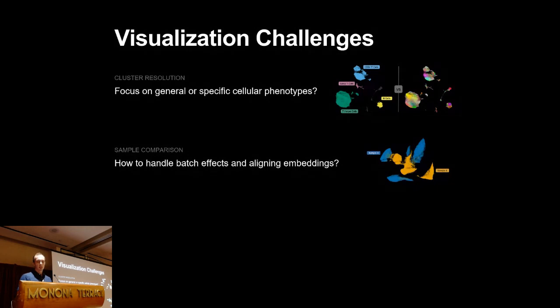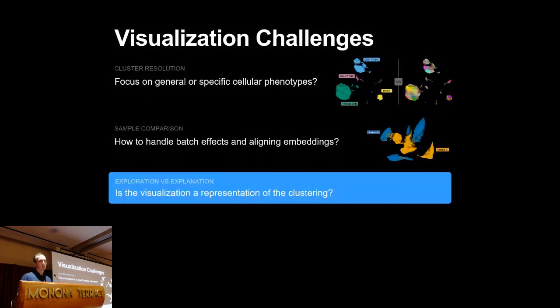Also, when embedding multiple samples, how shall we handle batch effects? Are we interested in sample differences, or in cellular differences? And more generally, an overarching question is, are we using these embedding visualizations to explore or explain the clustering results?